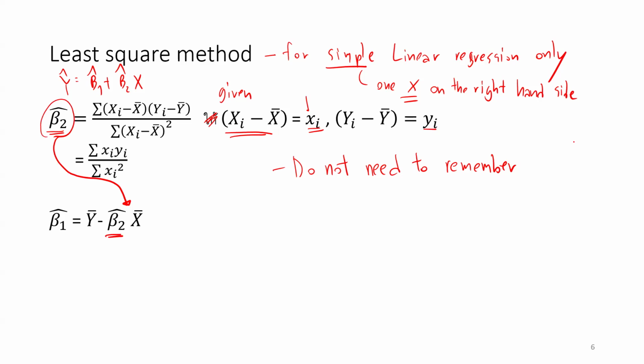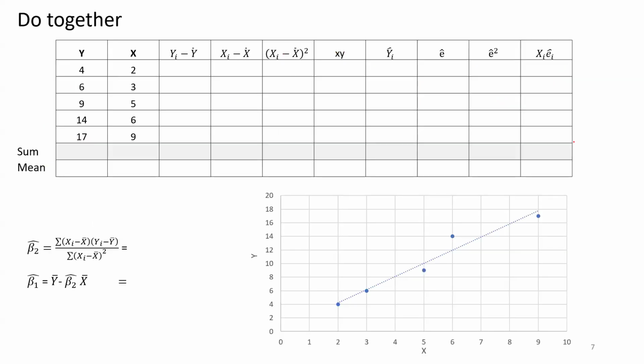Later we will use a program to deal with it. But you may doubt how the program calculated this number. So let's try once and you will understand it forever. So only today, let's do it together.